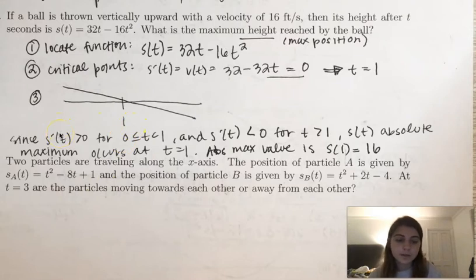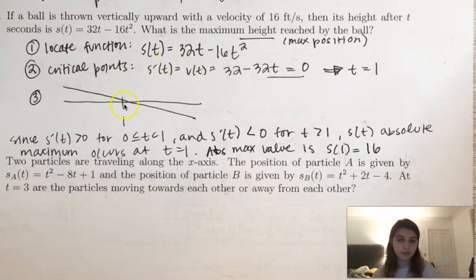Okay, so here's our justification. Since s prime of t is greater than 0 for t greater than or equal to 0 and less than 1. So that's this. Remember, this is the sign chart for s prime of t, because our 0 is 1 right here.